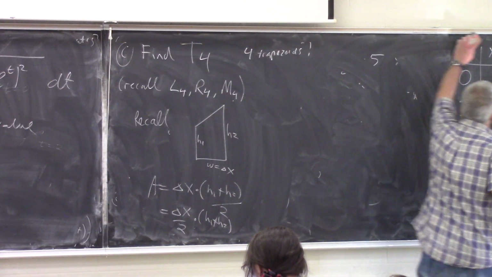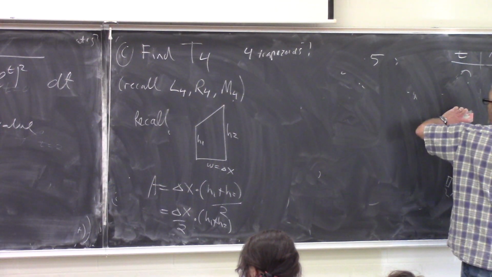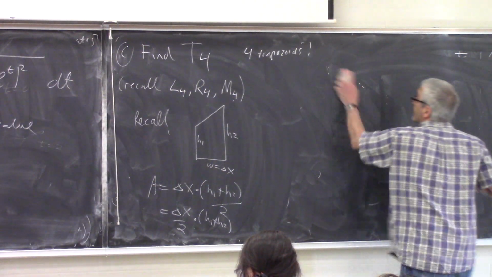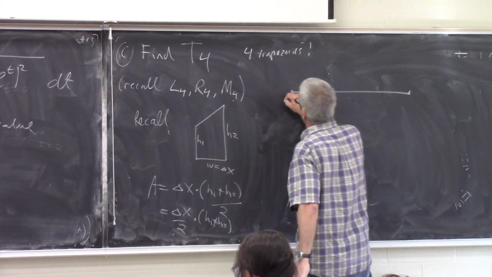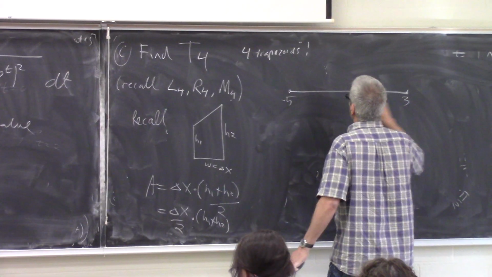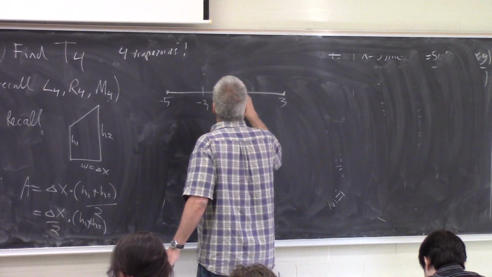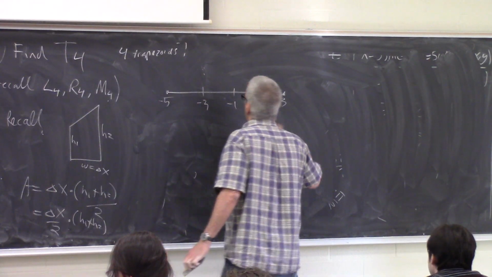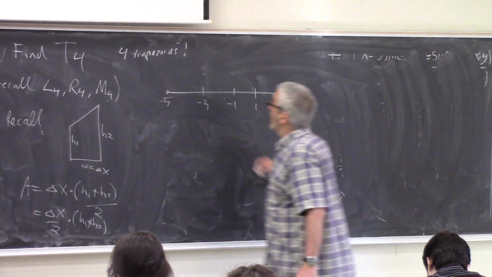Well, so our integral is sitting on this real estate, minus 5 to 3. We've got to have 4 rectangles. So minus 3, minus 1, 1, and 3. Those are going to be our rectangles. So we need to find the heights.